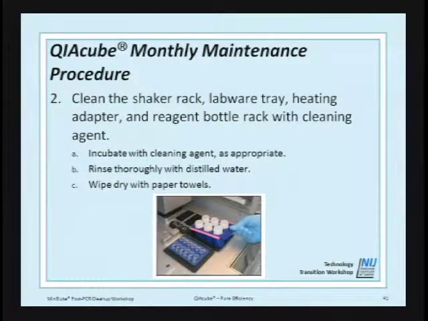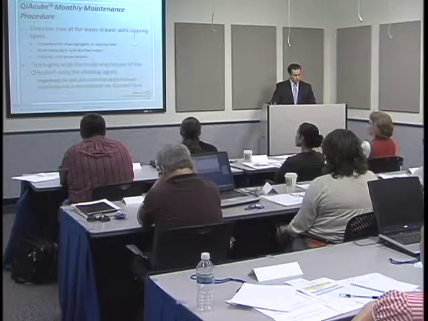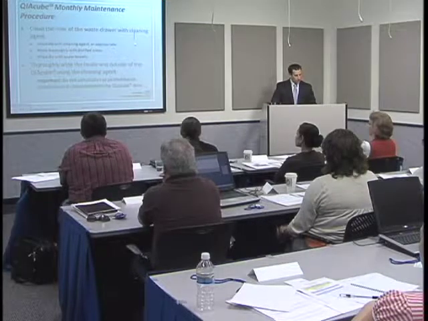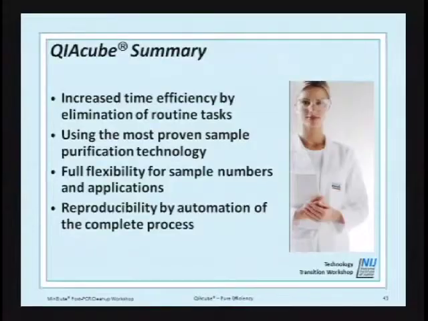You want to clean the shaker rack, clean everything out with distilled water and an appropriate cleaning agent, and obviously clean the waste drawer. So as you can see, the QIAcube increases your efficiency by elimination of routine tasks, uses a proven chemistry, offers flexibility of processing 2 to 12 samples, and gives you reproducibility by automation of the complete process that you would be doing at the bench.